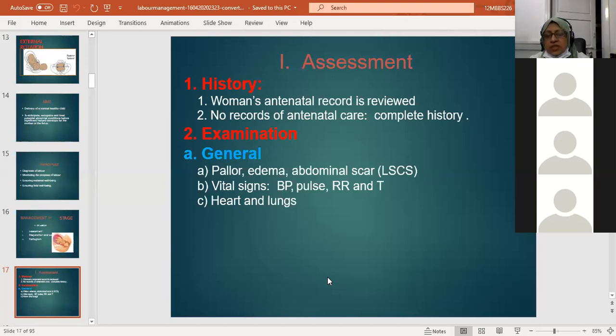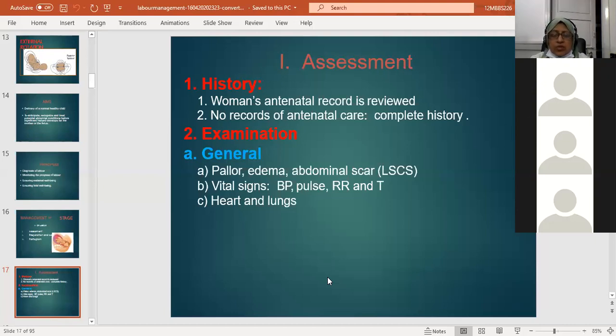For example, if the patient is a primigravida, but she has had no adverse event throughout her antenatal period, and she has a cephalic presentation and an adequate pelvis, then you can give a normal trial of labor if there is no contraindication. So by the history, you can at that moment decide the mode and route of delivery.